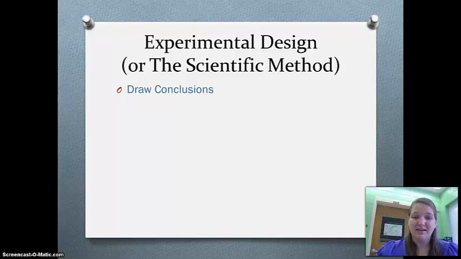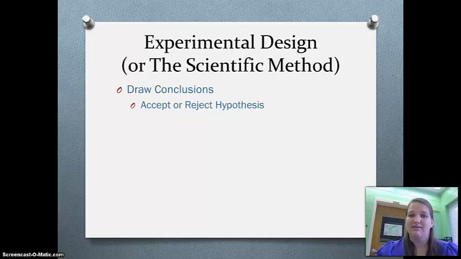Lastly, we're going to draw conclusions. This is where we accept or reject our hypothesis. Now, if you are accepting your hypothesis, you would state that your data from the experiment supports your hypothesis, and therefore you accept your hypothesis. In other words, your hypothesis was correct.